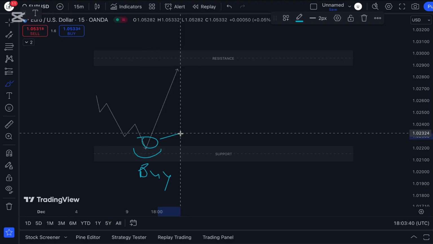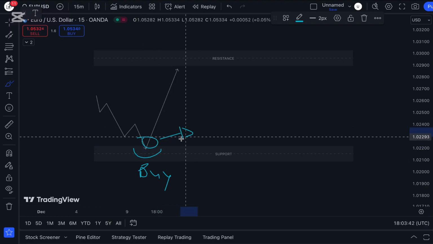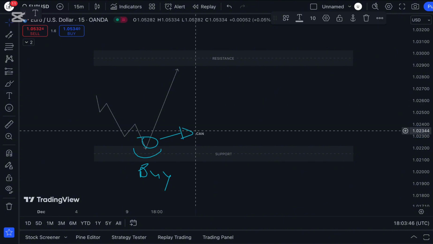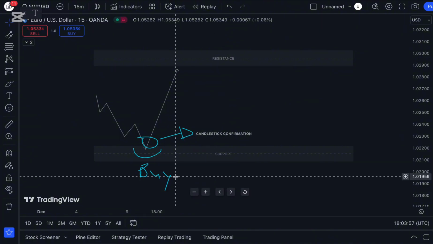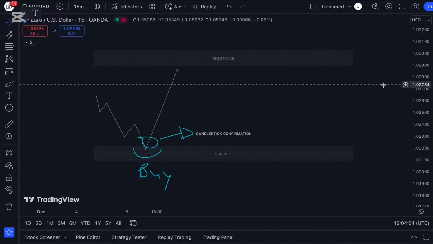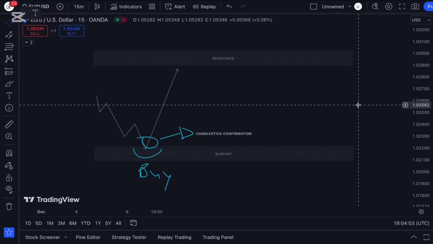One of those conditions is that you need a candlestick confirmation. You would have to look them up as well, so bullish and bearish candlestick confirmations, and so on.